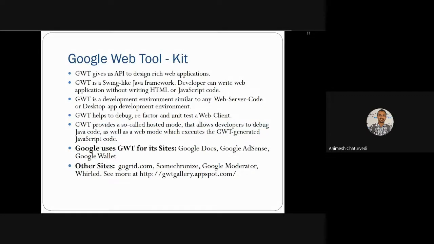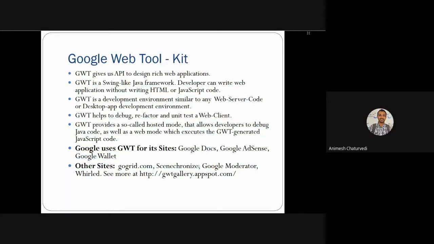Then sites on Google App Engine like Google Docs are also developed in GWT. Google AdSense is also developed in GWT. Google Wallet, Google Pay is also developed in GWT.